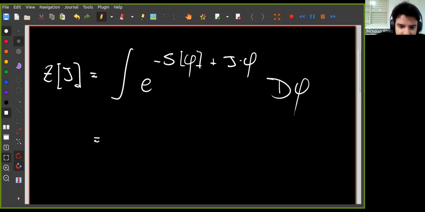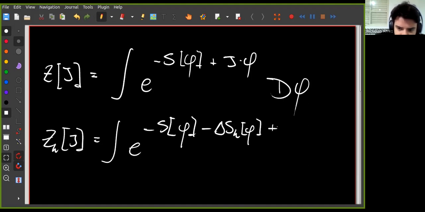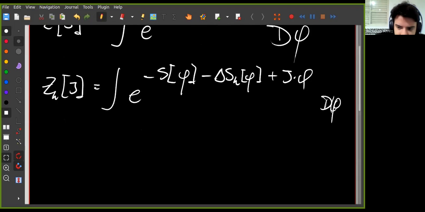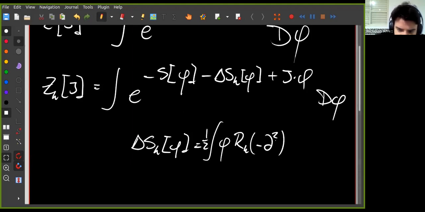The way you use the cutoff is you input an extra term in here, which is going to be a delta S_k[phi] plus J phi, where this delta S_k of phi is given by half the field, the cutoff, which depends here on momentum, so minus del squared, phi, d^4x.